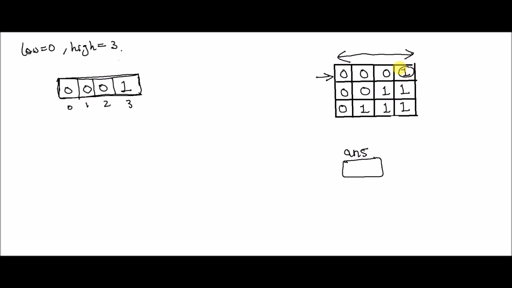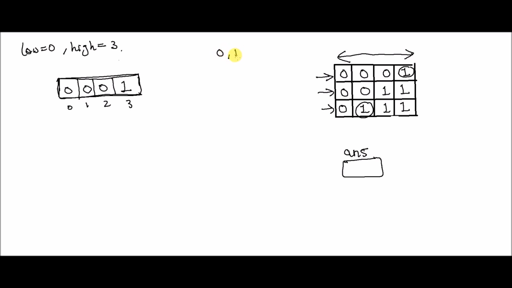On each row I will apply binary search, and since the row is sorted, whichever row gives me the minimum index of 1 will be our answer, because there are only two elements, 0 and 1.